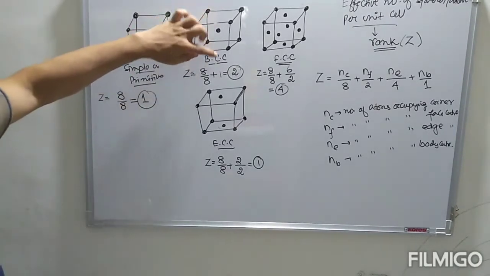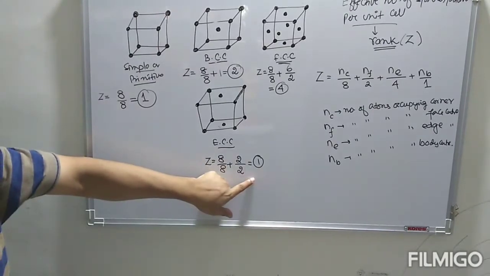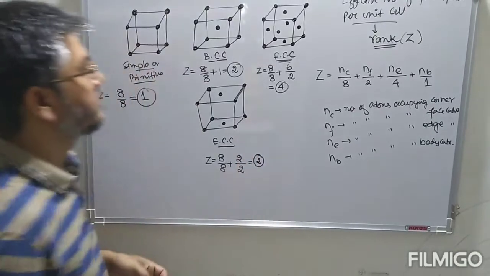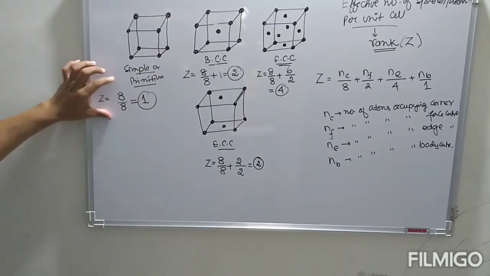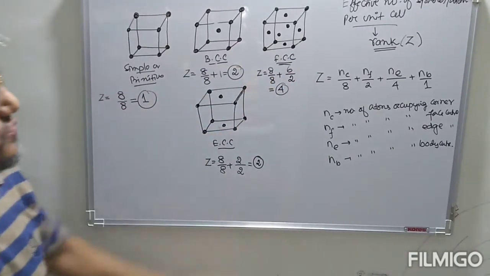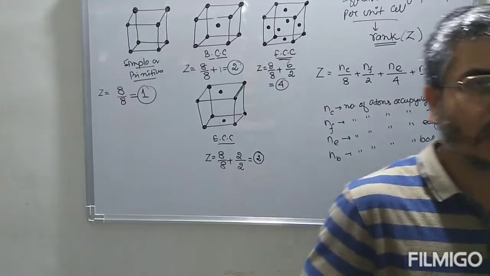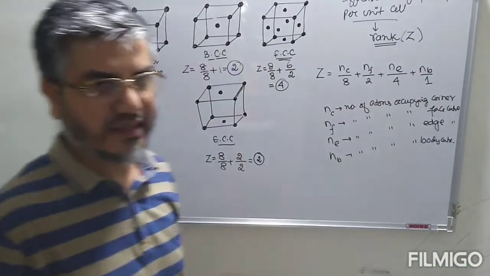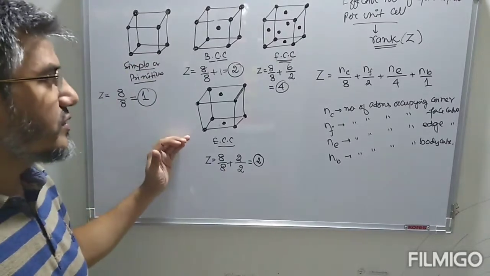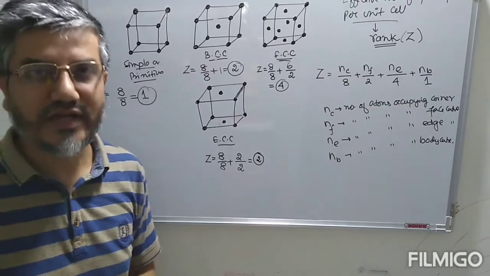So BCC 2, end centered 2, sorry, 1 plus 1, 2. Primitive 1, FCC 4. This is what we call the effective number of atoms per unit cell, or simply we say rank.